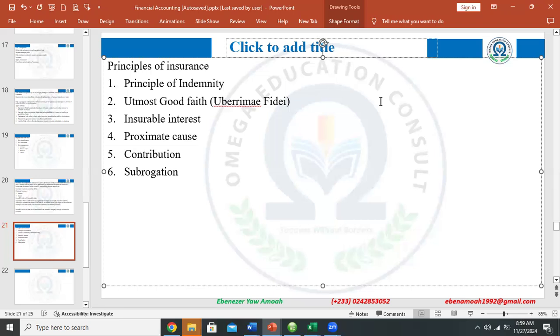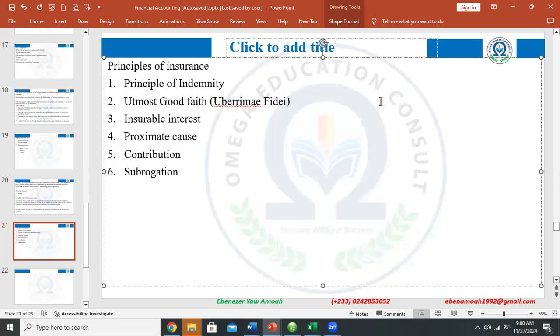So proximate cause means that what has been agreed upon as the cause should be the one that eventually led to the loss. The fifth is contribution, and that also is to discourage the insured from making profit out of the insurance.